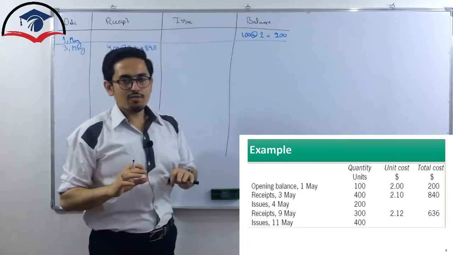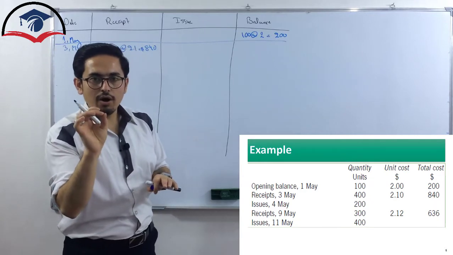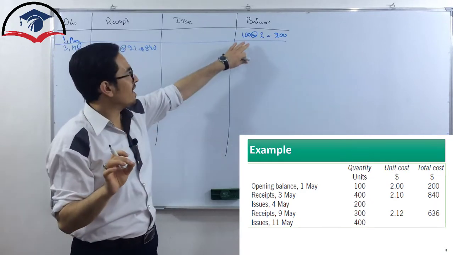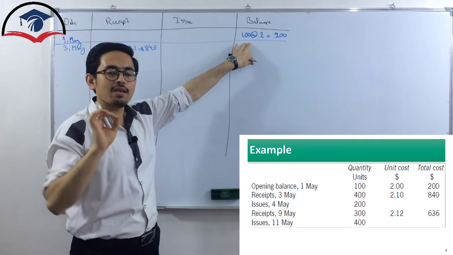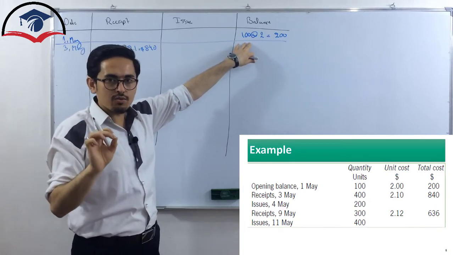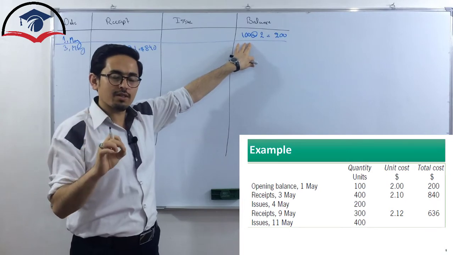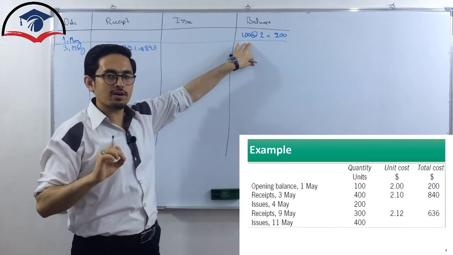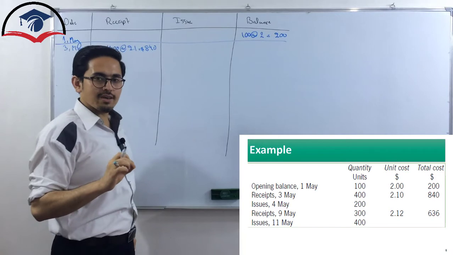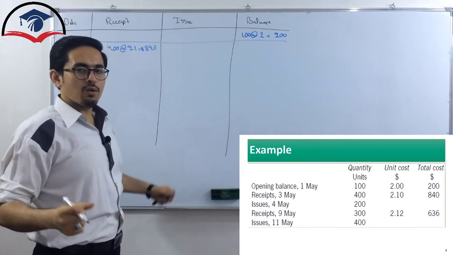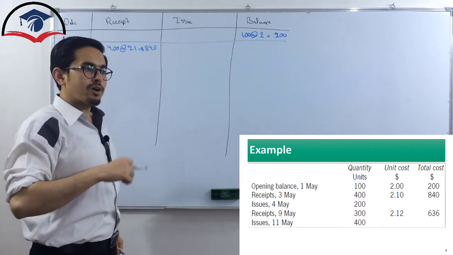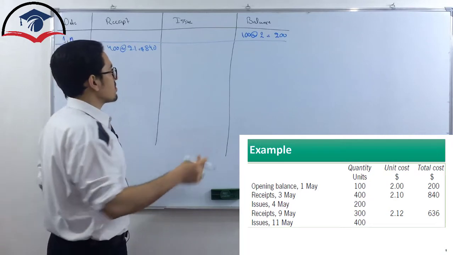This $840 is the only point for FIFO. We had 100 units, and we cannot mix these units and the costs. That's why we record them separately, and it is one of the difficult points of FIFO, which makes it much more complex when we have various types of items.